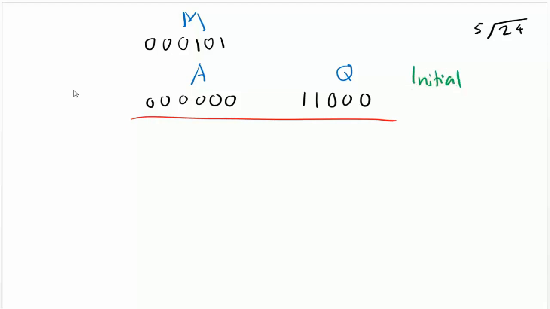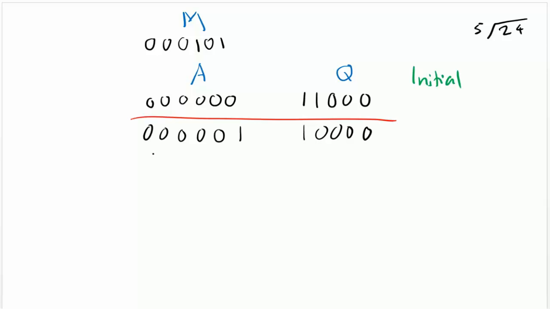First iteration, we shift. So the first bit 1 in Q will go to the LSB in A. We get a 1 in A. Q is left with 1, 0, 0, 0, 0. Next, we subtract 1 with 5. Definitely cannot. So we should expect a negative value here.